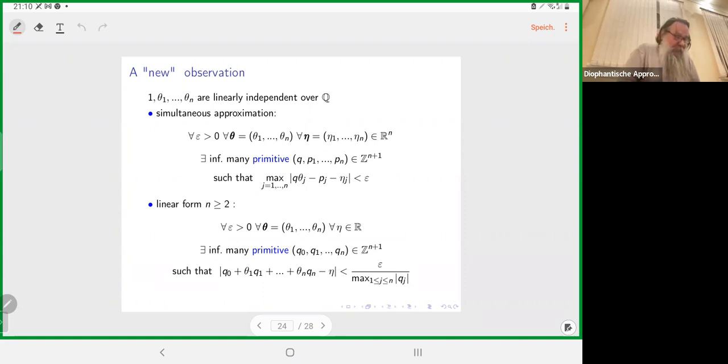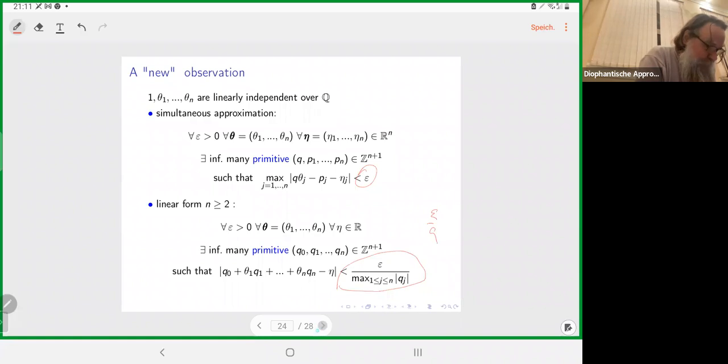So for simultaneous approximation, we have just an analog of Kronecker's theorem with this epsilon, and this epsilon cannot be improved. And for one linear form, we have an analog with this epsilon over Q, which I was speaking about a few minutes before.